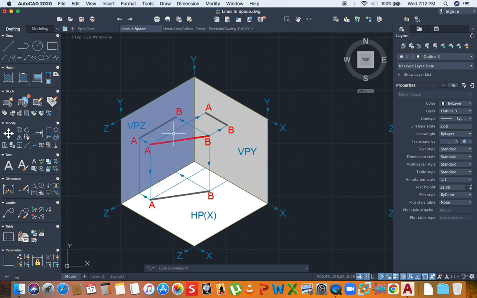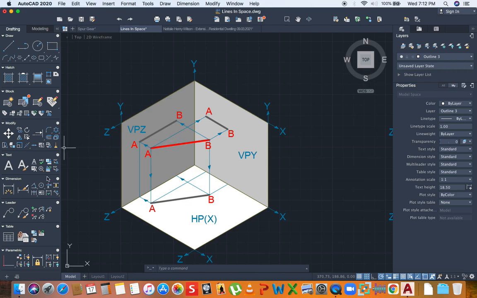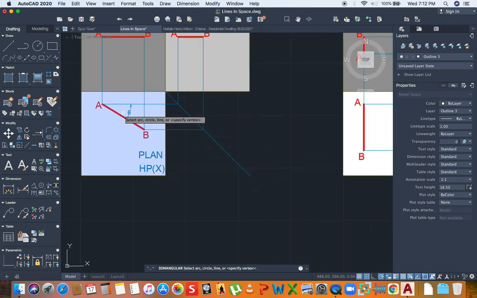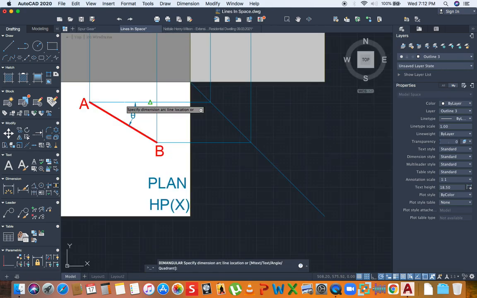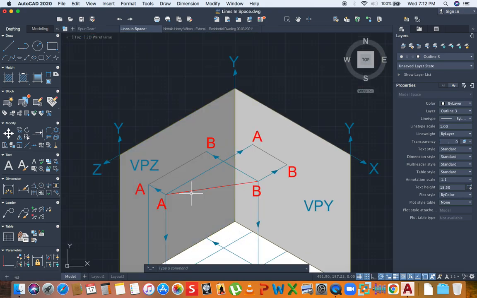So this line is sloping whatever degrees, let me specify the angle. This angle here is 31 degrees.